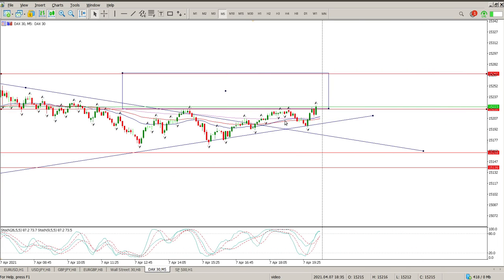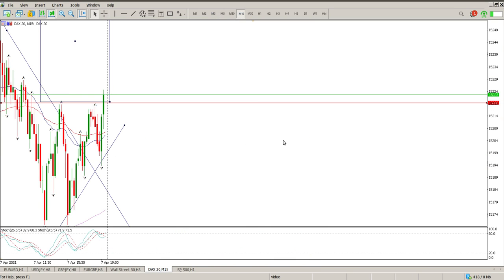So a little bit cautious on this, but this is a double bottom, so I would play that. Wait for the break and retest of this, and that comes back to 15220. You can actually have your stop underneath this swing low. You can do it on the 50 minute as well.